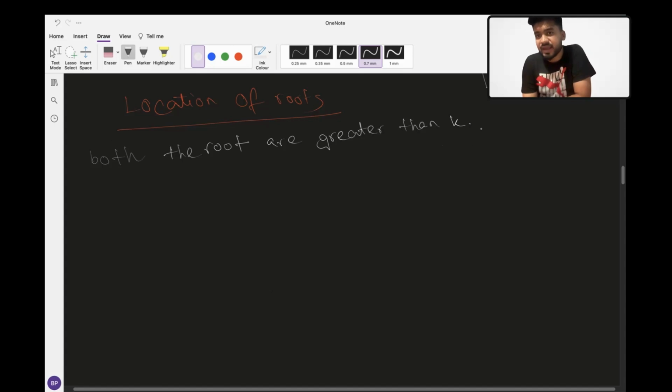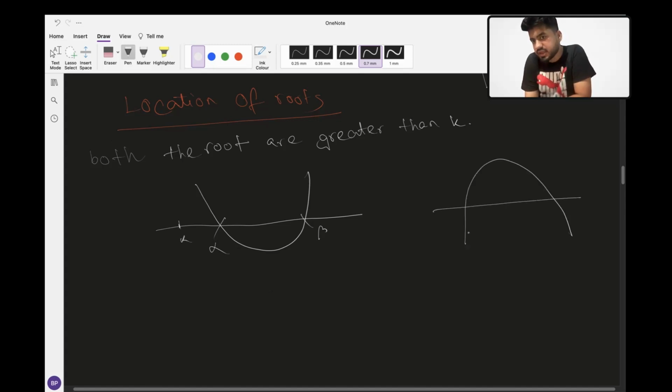That means there is some value k and both the roots alpha and beta are greater than the value k. That means k is somewhere here. Or the figure can be like this also. This case is for a less than 0. Yes. So this is your alpha, this is your beta, and this will be your k.